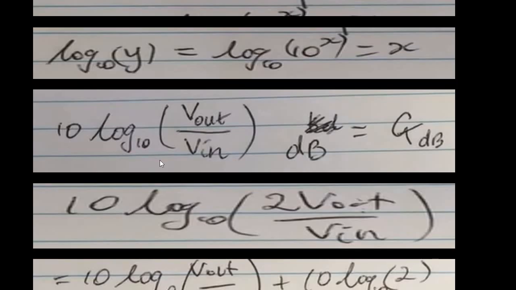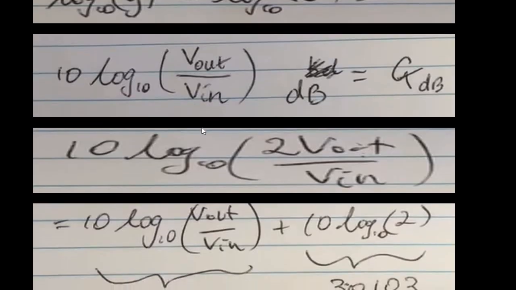So if we take log 10, we'll get log 10 of the gain, which gives us bels, right? But if we multiply it by 10, we'll get decibels. So we can say that the gain in decibels is given by 10 log base 10, and in the argument you would put your gain value, right?